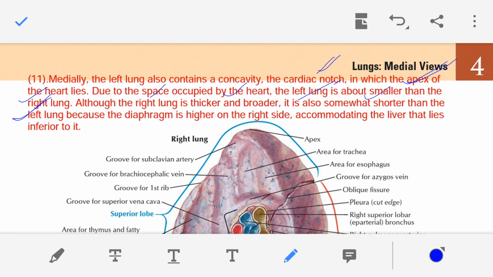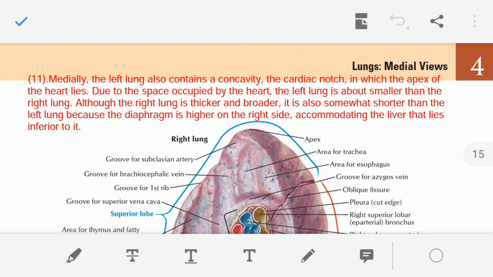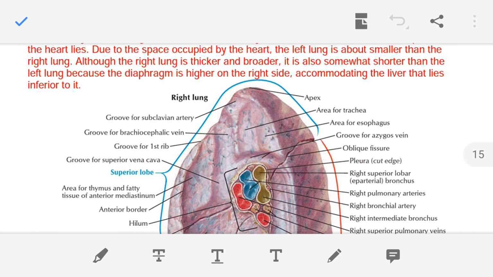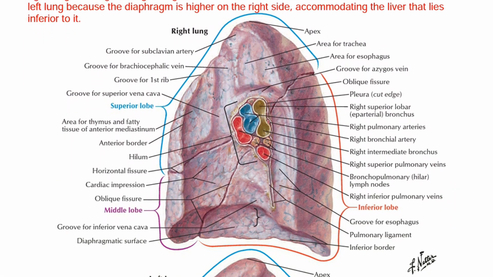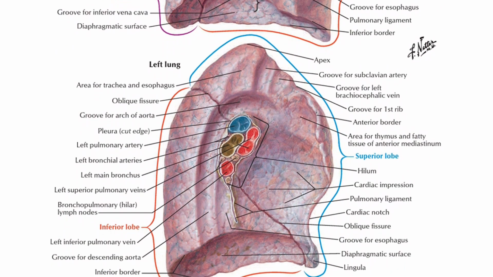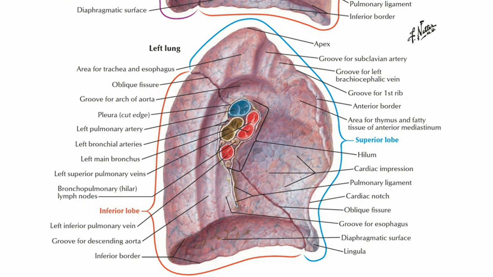So we can say due to the presence of the heart, the left lung is smaller than the right lung. Here you compare the size by observing the figure. This is the size of the right lung and this one is the size of the left lung. So the left lung looks smaller.